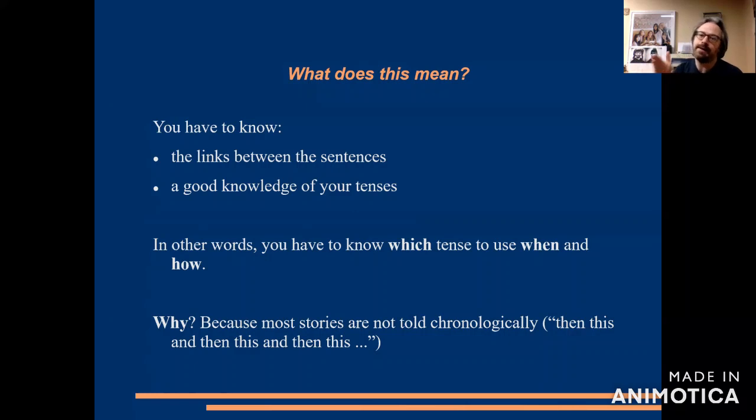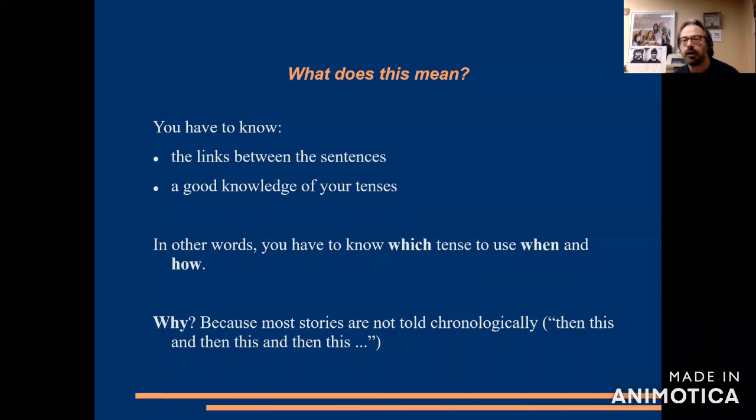Basically, A, B, C, D up to Z is not the most entertaining way. So they'll start with something that really freaks you out or is really engaging, and then they'll go a bit back in the story, and then they'll go back to the front, and they switch times, and they do this to keep you entertained.